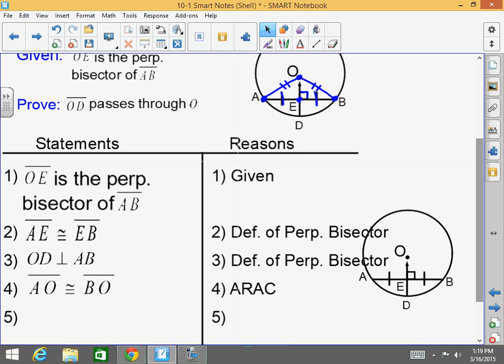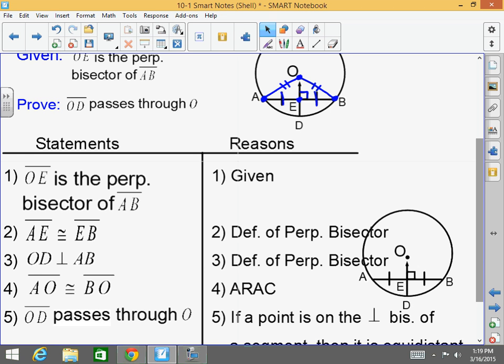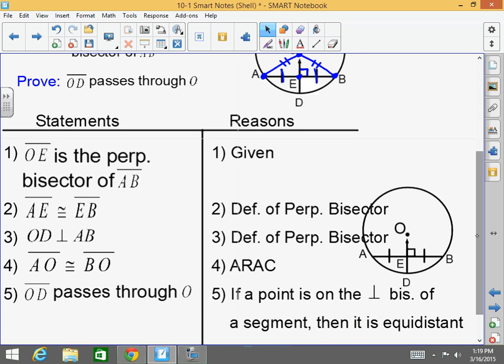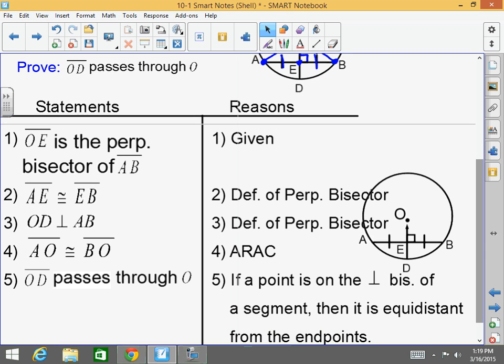So since this guy here, ED, is going upwards, that's why you have a little arrow there, but ED is the perpendicular bisector of segment AB, it's got to go through the center O. If a point is on the perpendicular bisector of the segment, then it is equidistant from the endpoints.